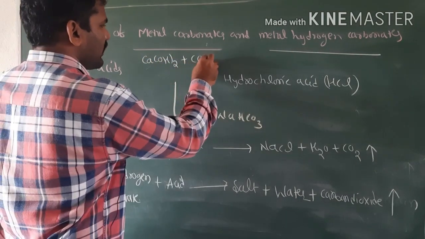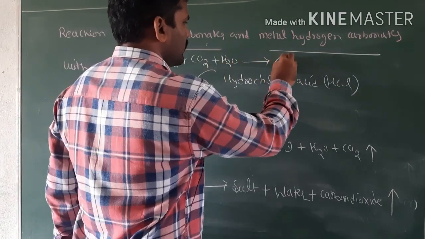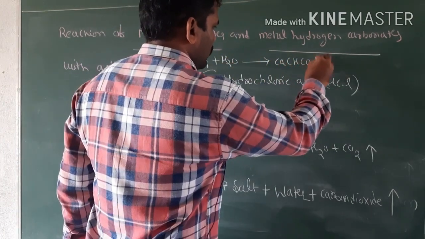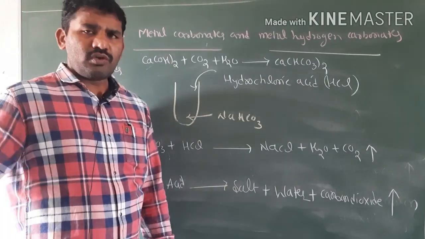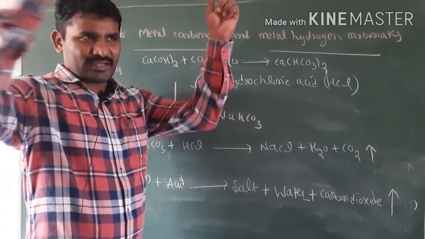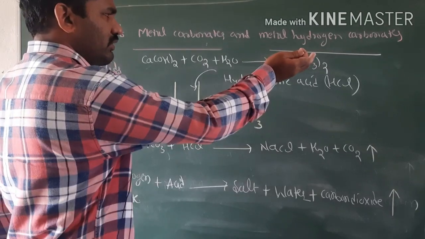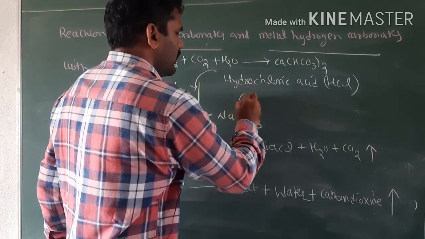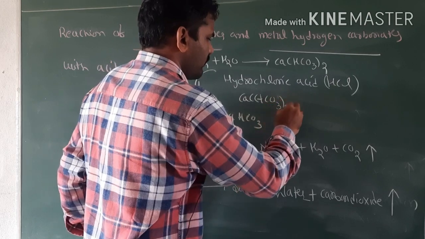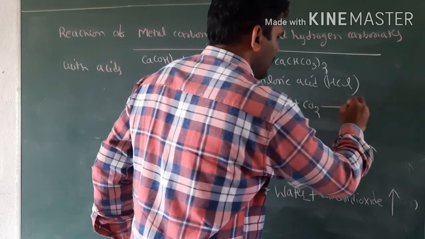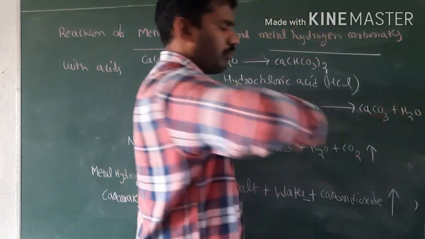When it combines with carbon dioxide and water present in the atmosphere, initially it turns into calcium hydrogen carbonate. When you keep on sending, as the atmosphere contains a lot of carbon dioxide, this calcium hydrogen carbonate absorbs the excess carbon dioxide from the atmosphere and immediately turns into calcium carbonate.